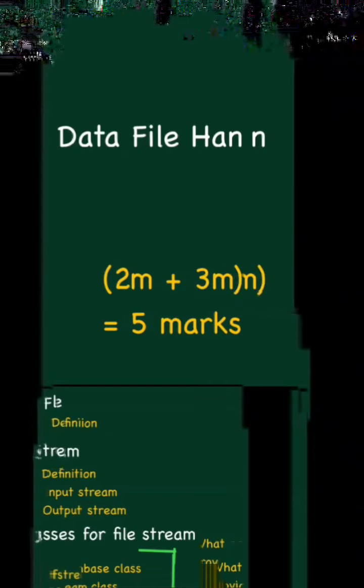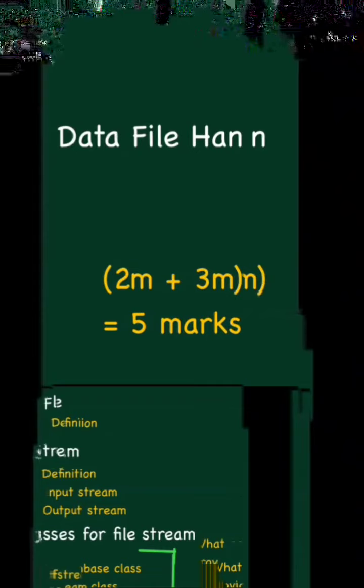You have to write its syntax, an example, and what it does: ios::app, ios::in, ios::out, ios::ate, ios::binary, and ios::trunc. You have to specify what each does along with some examples.